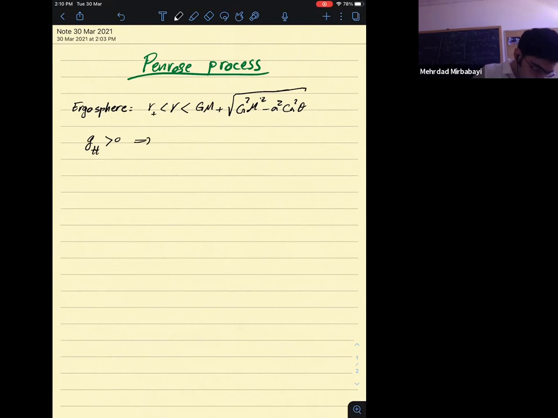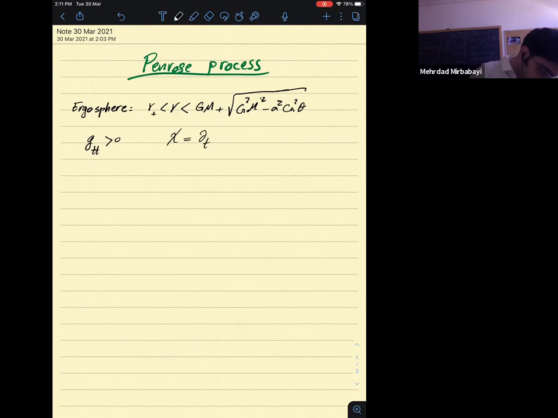So if you remember, we defined the vector field which was an isometry of this spacetime, because this spacetime is stationary. We can write the metric in a form in which it does not explicitly depend on t, and it means that there is an isometry vector chi, which is d/dt.